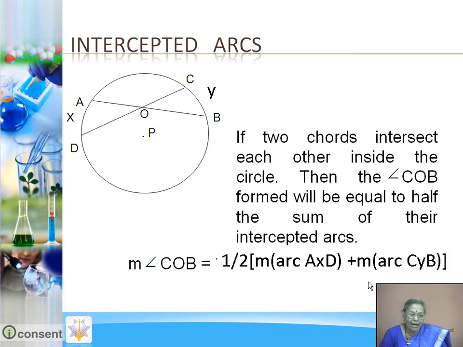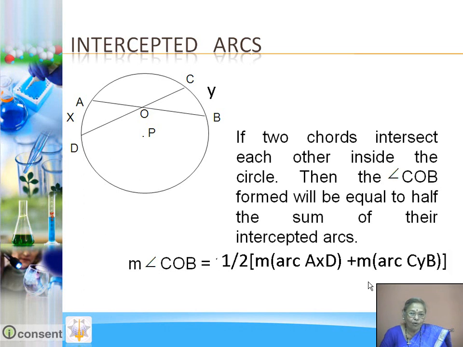If you have to find out the measure of one angle, the measures of intercepted arcs should be given. The property is like this. Measure of angle BOC is equal to half the measure of the sum of the arcs.